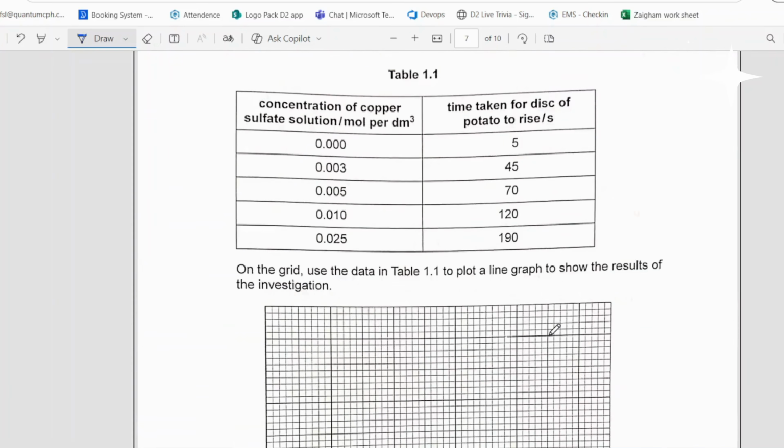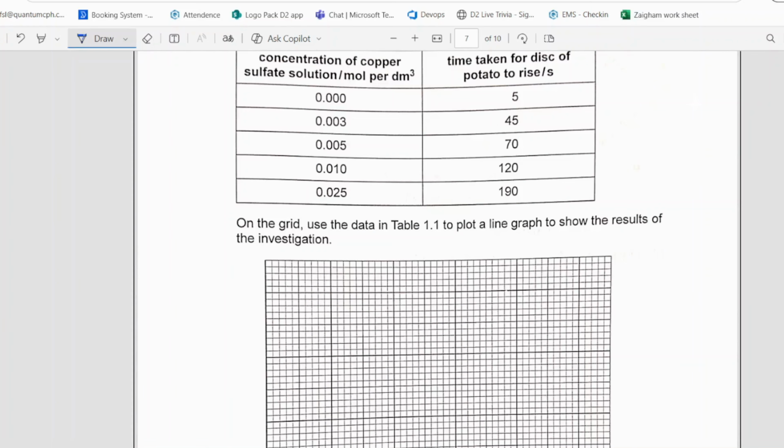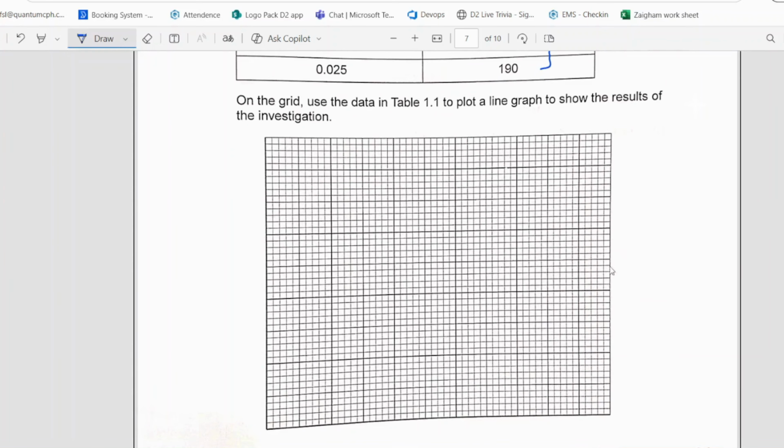Next one is a graph is given, you have to draw a proper graph. So now here is the main thing. How many readings do you need? You need it till 200, let's say, roughly. And how many boxes do you have? We have 1 box, 2 box, 3 box and 4 box roughly.